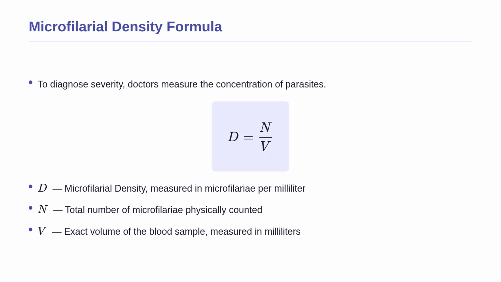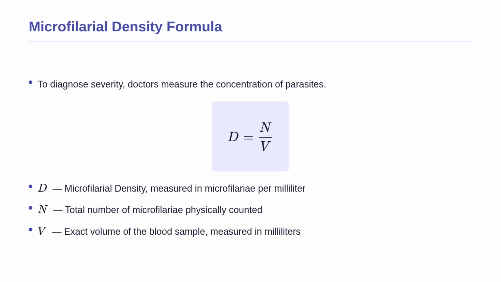To effectively treat the disease, doctors need a way to measure its severity, which brings us to the concept of microfilarial density. Conceptually, this is just the concentration of baby worms in a patient's blood. The formula is D = N / V. Here, D is the microfilarial density, measured in microfilariae per milliliter.